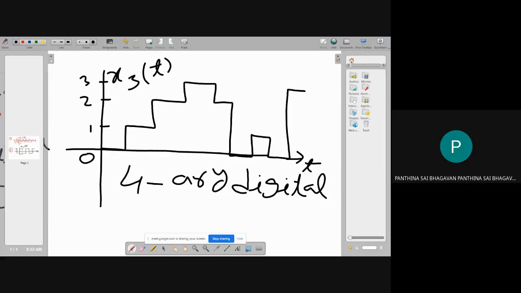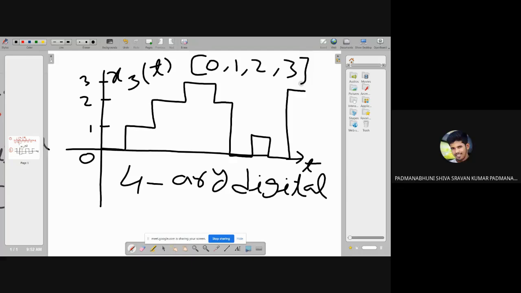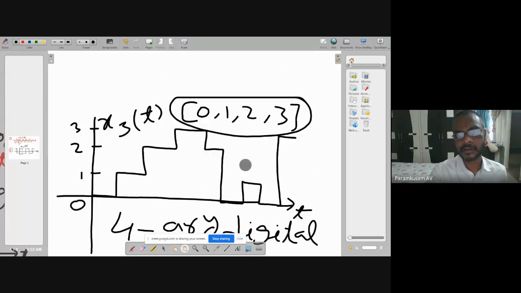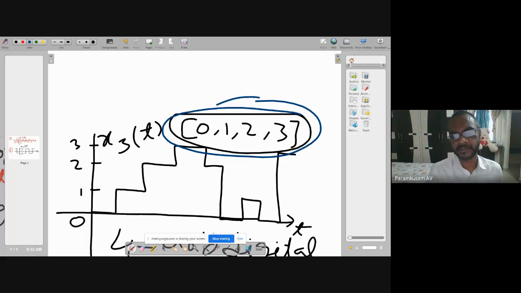At any instant of time, the value of x3 of t will be either 0 or 1 or 2 or 3. No other values. Then what are the predetermined values? 0, 1, 2, 3. This is the set of values.